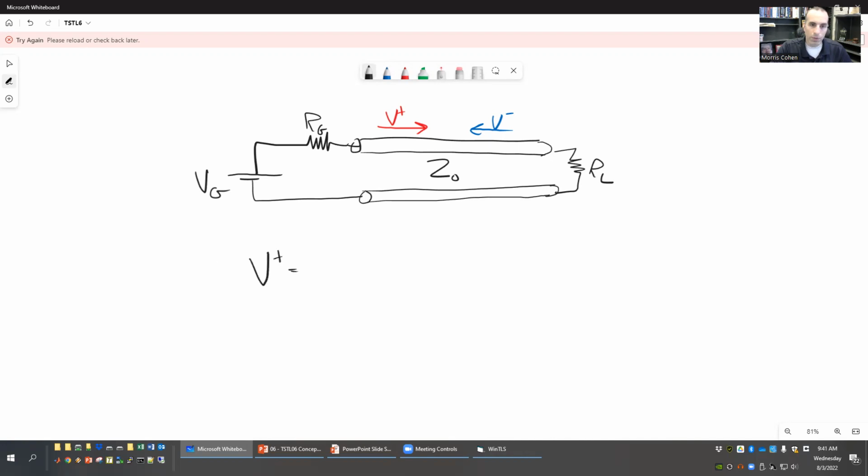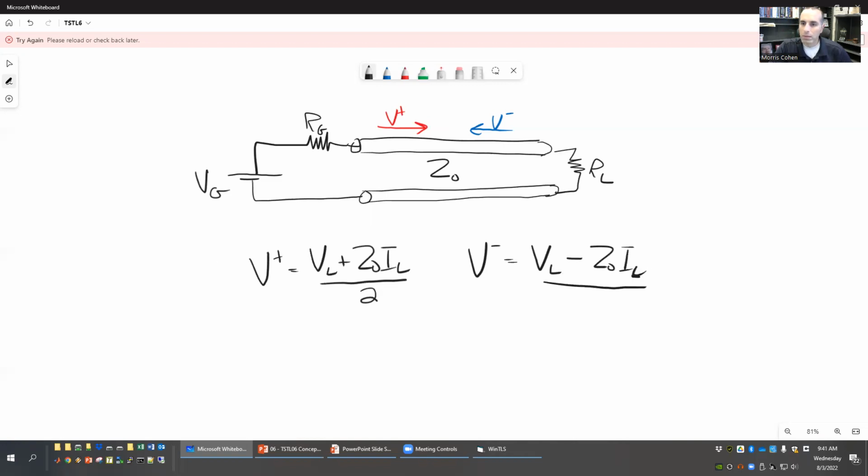V positive equals VL plus Z0 IL over 2. And V negative equals VL minus Z0 IL divided by 2.